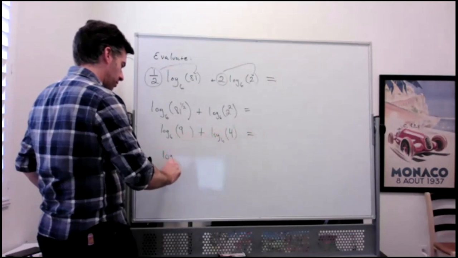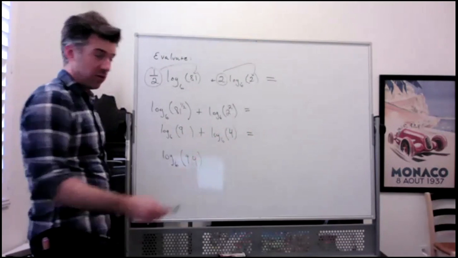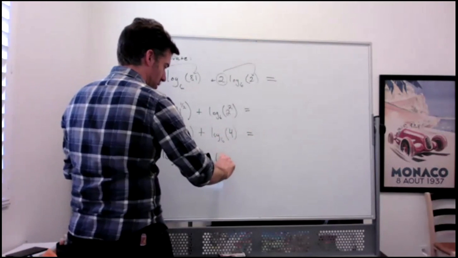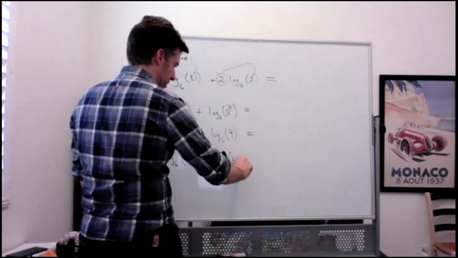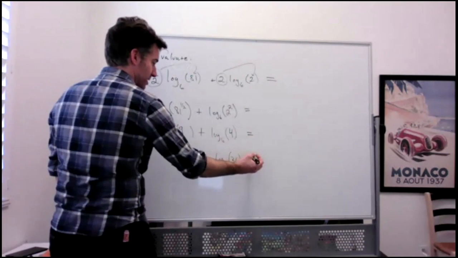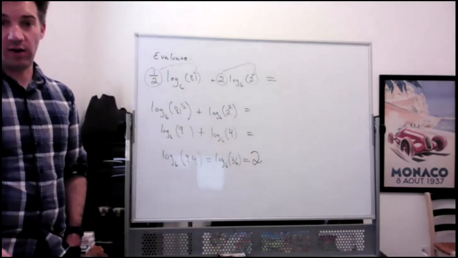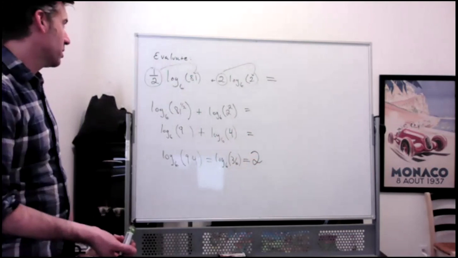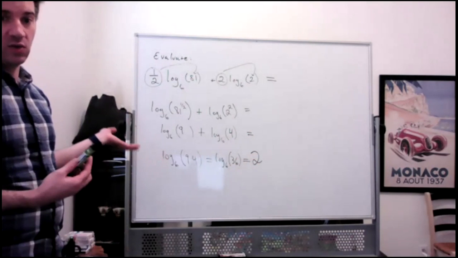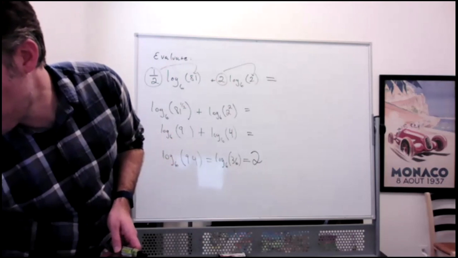This is log base 6 of 9 times 4, which is log base 6 of 36, which is 2, because 6 squared is 36. So this is one example of how we can use logarithms to simplify an expression.